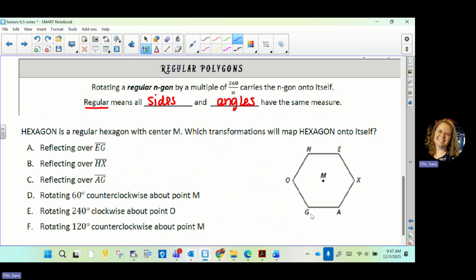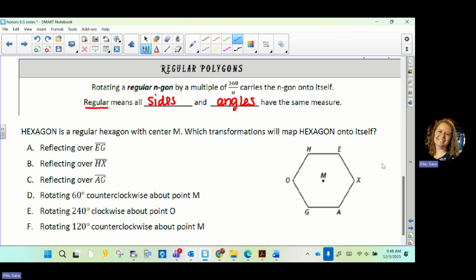Guys, shh. Last one. So when you have a regular polygon, in this case, we're looking at a hexagon, okay? And you have your center. We want to identify which of these transformations described would map it onto itself. Which of these are symmetry that this regular hexagon has?